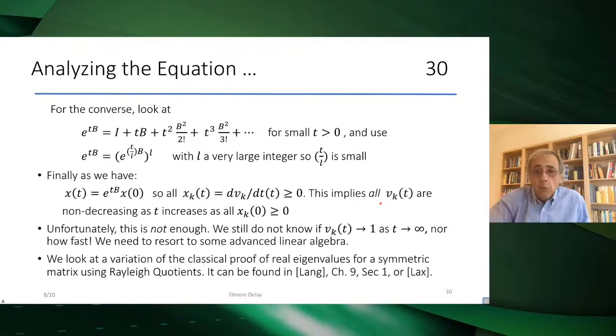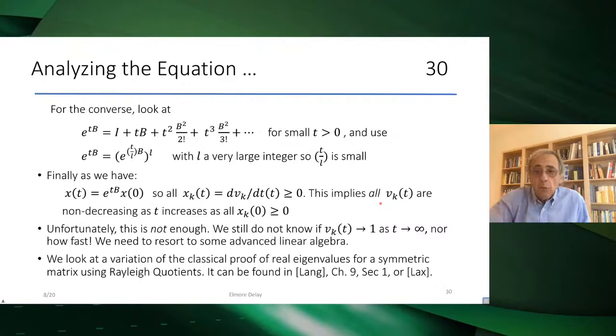All the dV over dT are positive going forward, so the voltage will be monotonically increasing and so on. So far, we achieved then that these voltages behave very much like a probability density. The part that is missing is, does this approach one fast enough? And our suspicion is yes, but we have to prove it.